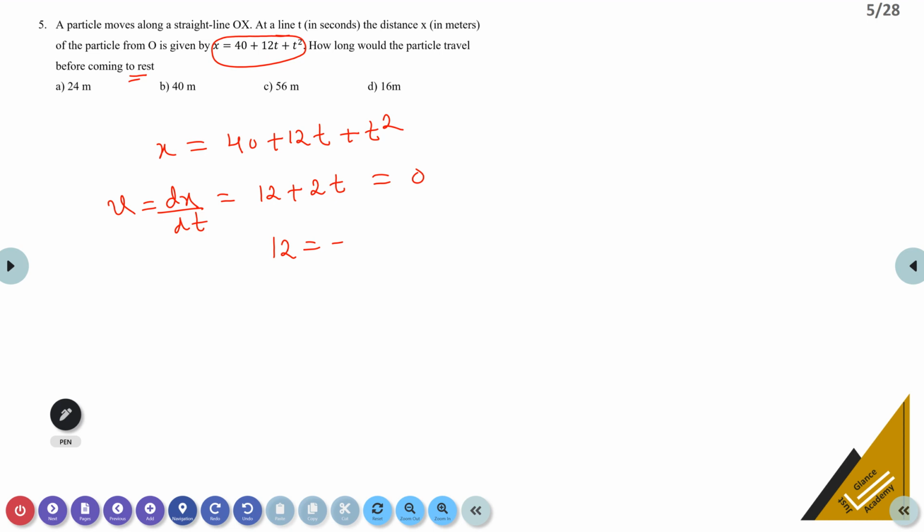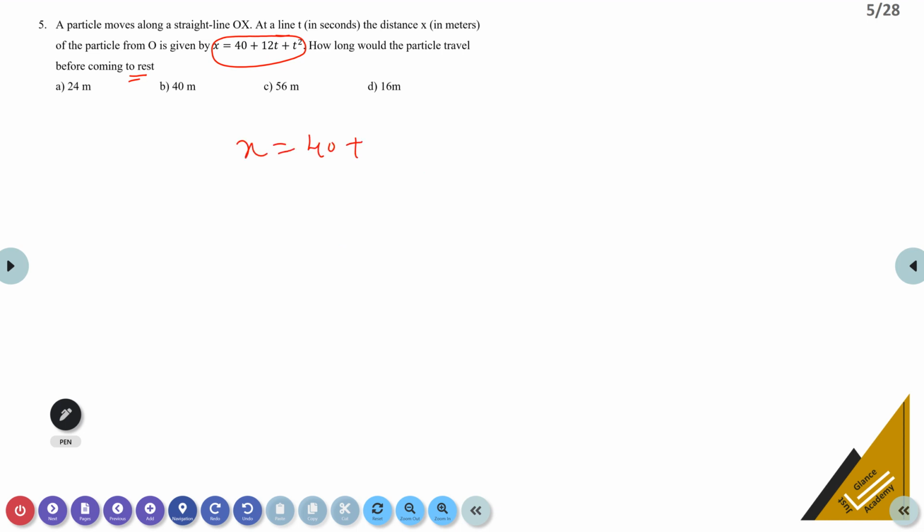Again, there is a bonus marks here. x equal to, it is x equal to this one. Okay, mistake in the problem. Actually, x equal to 40 plus 12t minus t cube it is. Okay, the earlier one is wrong. Velocity equal to dx by dt equal to 12 minus 3t squared.